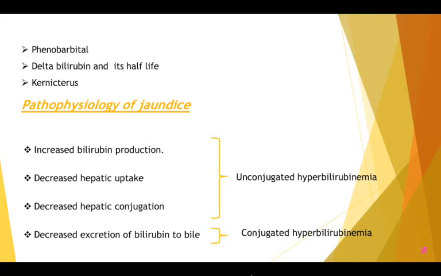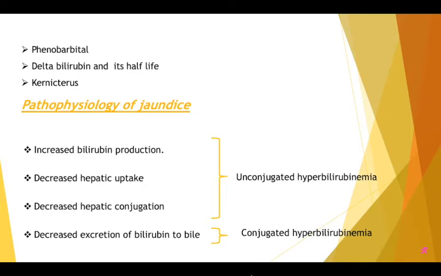We know that for its removal, conjugation has to take place. Conjugation is a mandatory process for its removal. So if it is not taking place, the bilirubin is not properly getting removed from our body. So that also will cause the increase in bilirubin.